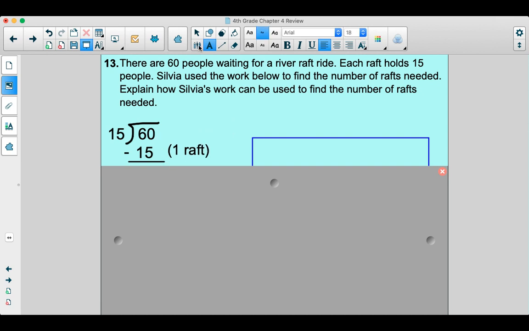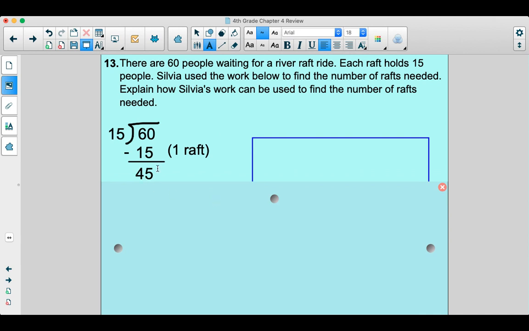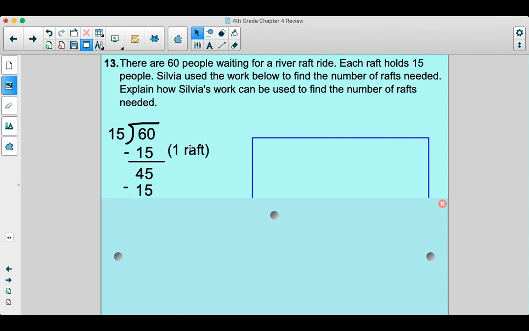Okay, so those people are out on the water, and we've got 45 more people standing there waiting for their raft. And she looks at those 45 people and she goes, all right, 15 of you, come on, let's go. You're getting in another raft. So there we go. All right, so those people are sailing away. Now there's 30 people standing there waiting for their ride.